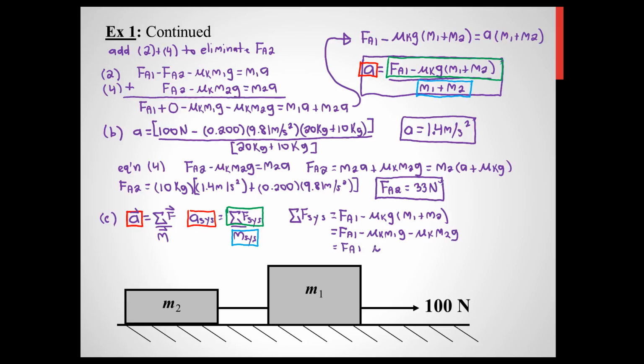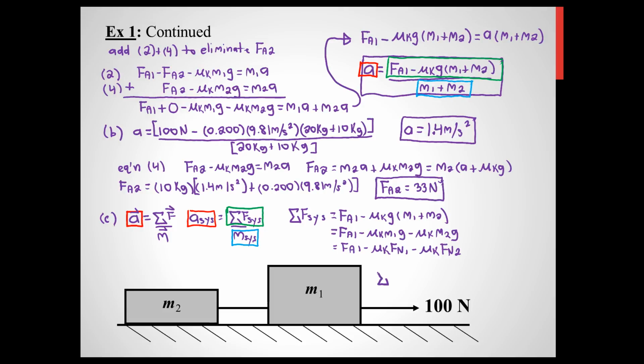FA1 minus mu k m1g, according to equation 1, was just Fn1. Subtract mu k m2g. Equation 1 told me that Fn1 is m1g. Equation 3 tells me that Fn2 is m2g. And what's the coefficient of friction times the normal force? Well, the force of friction.